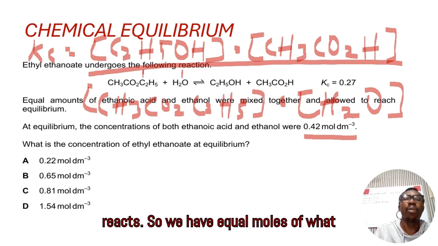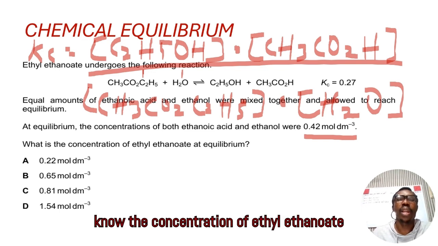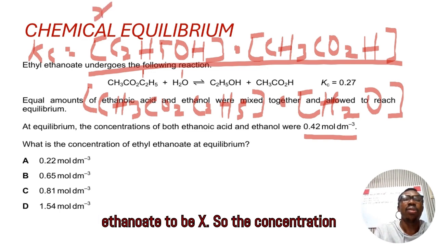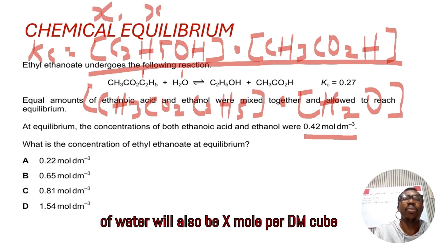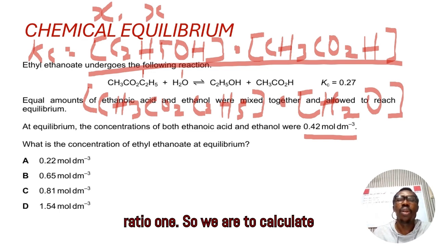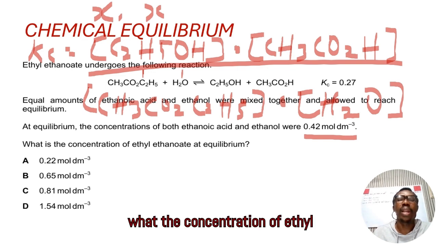So we have equal moles of ethyl ethanoate and water. We don't know the concentration of ethyl ethanoate, so let's assume it to be X. So the concentration of water will also be X mole per dm cube, since we have the stoichiometry 1:1.